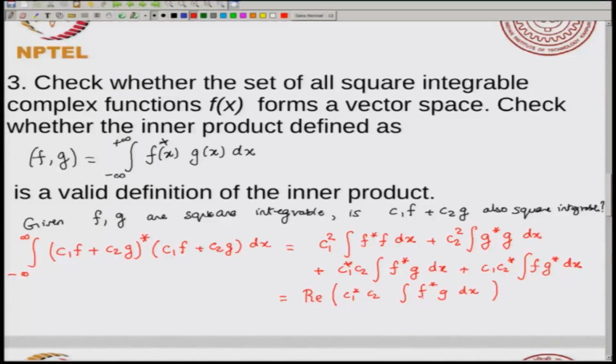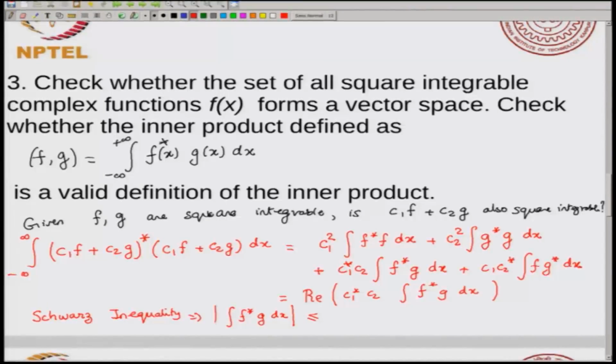There is an inequality called the Schwarz inequality, which basically says that the integral f star g dx is less than or equal to.